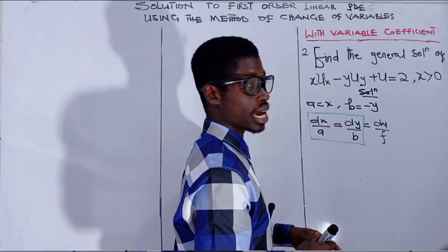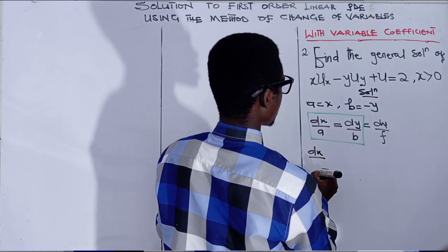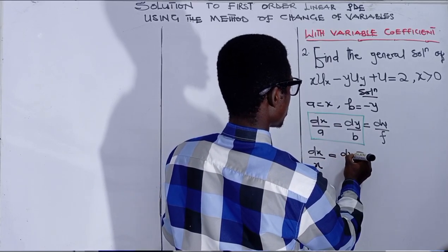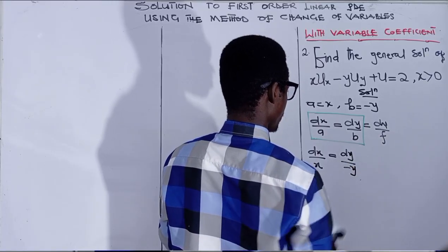So we have our dx, our a is what? X, is equal to dy all over b. Our b is what? Minus y.